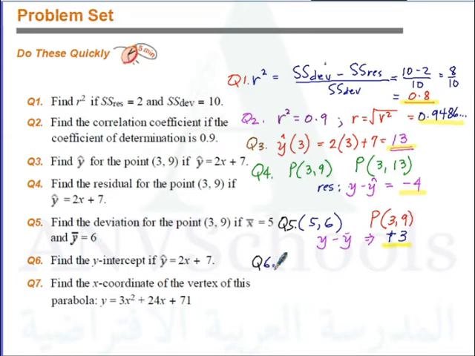Question 6: find the y-intercept if y hat is equal to 2x plus 7. So the y-intercept happens when your x is equal to 0. So the y-intercept is equal to 7.